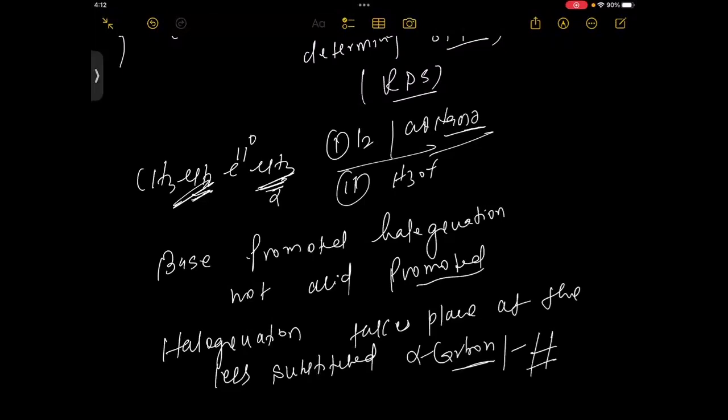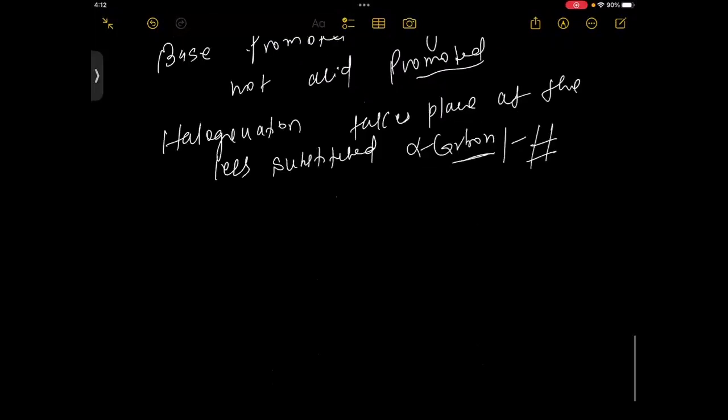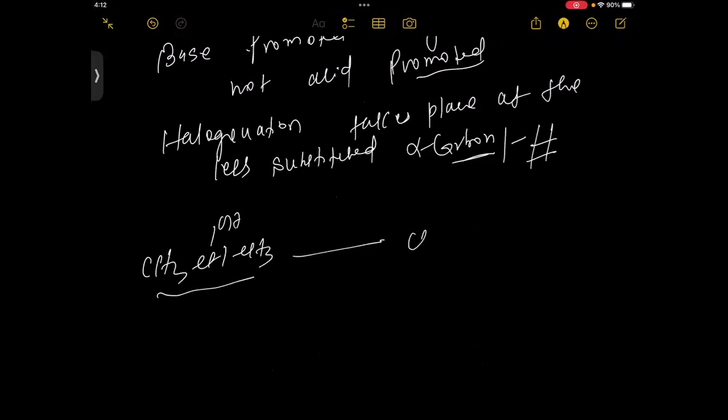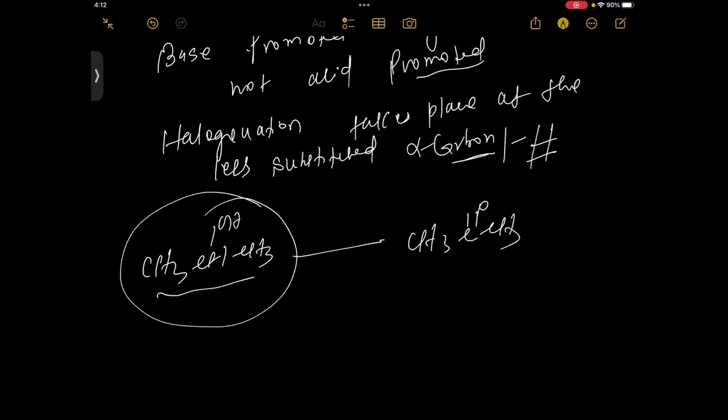So you know one thing, students, CH3 CH(OH) CH3 will also give the iodoform reaction because ultimately it will oxidize and form the ketone like that. So you can say that your 2-degree alcohol can give the iodoform reaction because it will convert into the acetone.